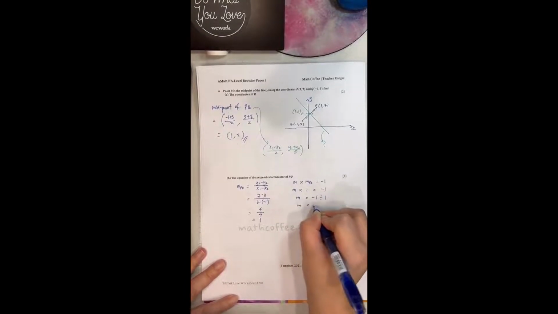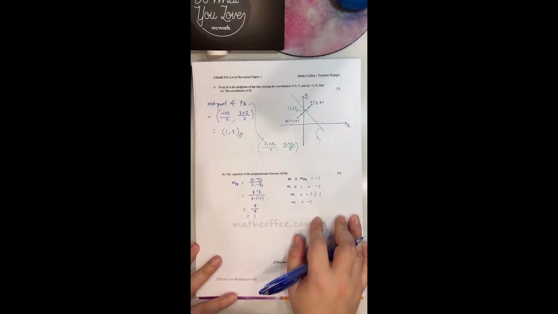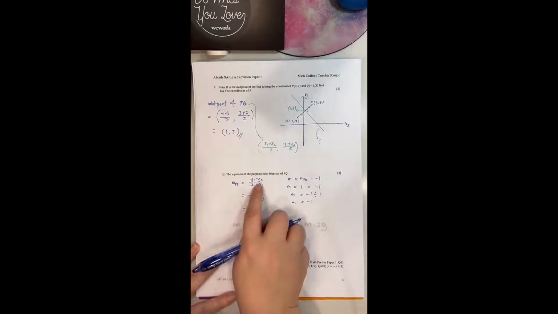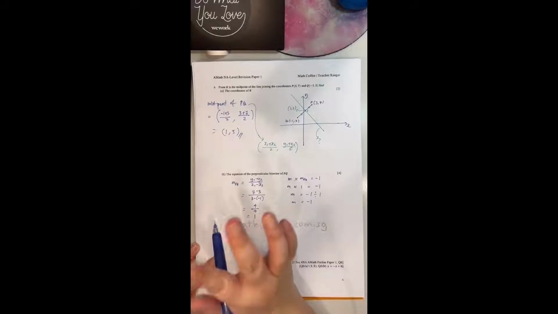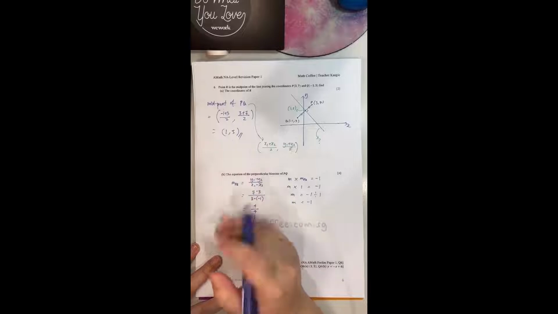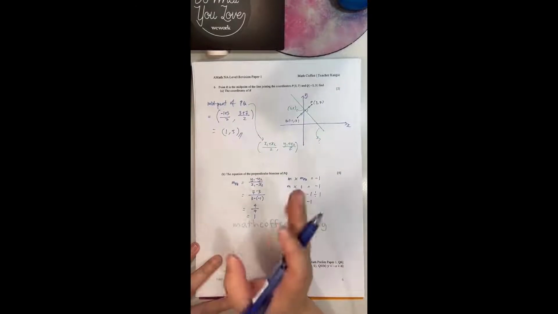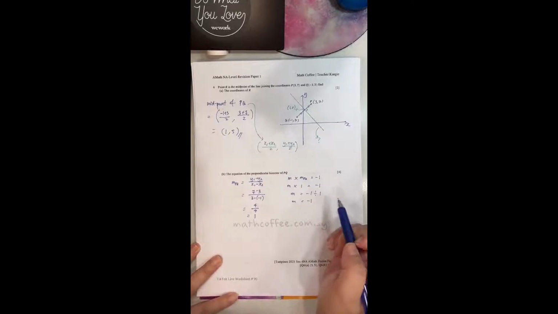That's why the gradient is negative 1. Yes, it doesn't matter if you do y2 minus y1 over x2 minus x1. As long as whatever point you start from in the numerator, the denominator also starts from the same point. You will still get the same answer.